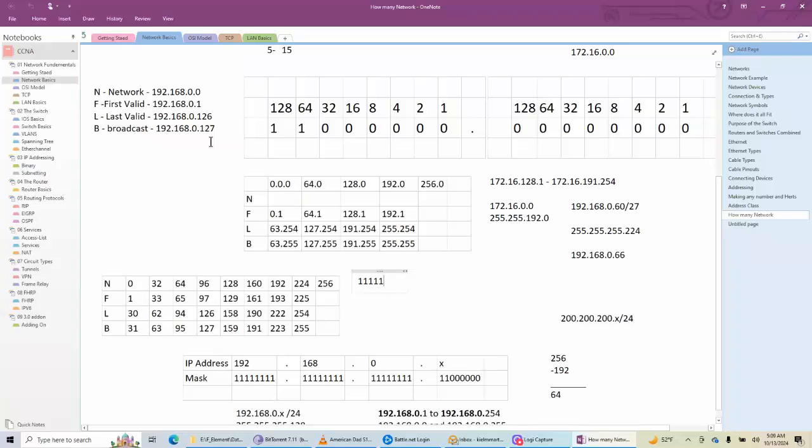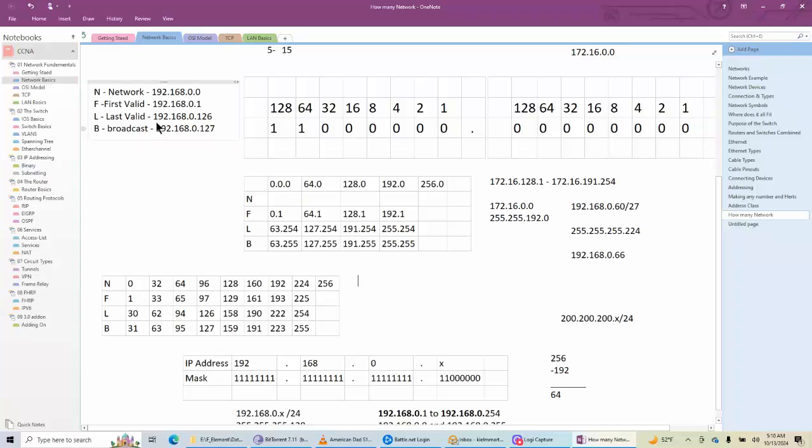Okay, and what we're going to do is talk about subnetting Class B networks. Now, we already did Class C. We also went through how to determine how many ones and zeros we need in a network, based on how many networks we need and how many hosts we need. So you might need 15 networks with 32 hosts, and you're able to do that.